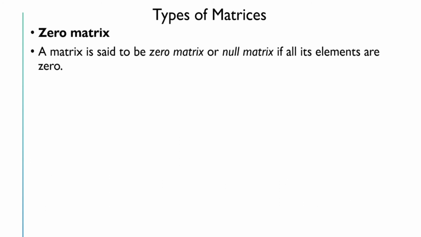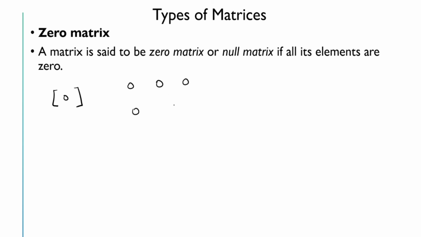The next one is zero matrix. A matrix is said to be zero matrix or null matrix if all its elements are 0. So if all the elements of a matrix are 0, then it is called a zero matrix. Say for example, this is a zero matrix of order 1 by 1.